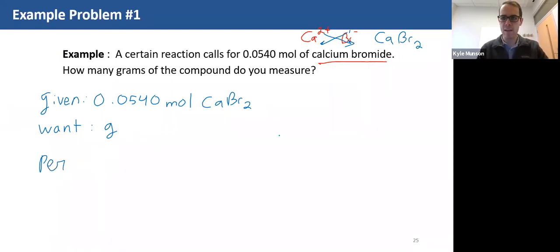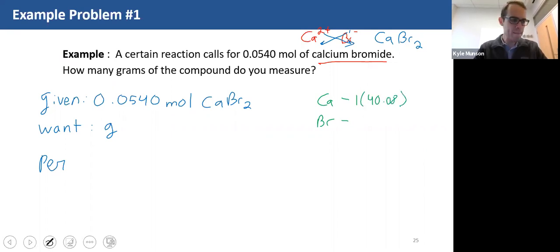So we can find how many of each atom we have for the elements in calcium bromide, and then multiply that by the atomic mass found on the periodic table for each element. Obviously we have one calcium atom here, and this is its mass off of the periodic table. And then we have two bromine atoms, 79.90. I believe that's right.